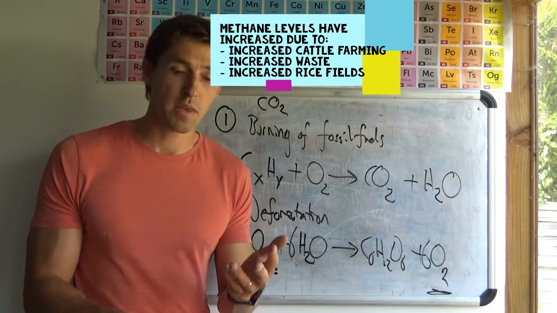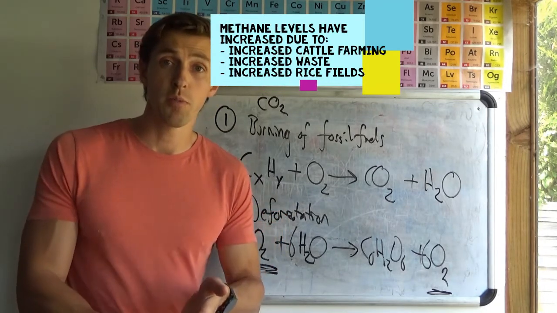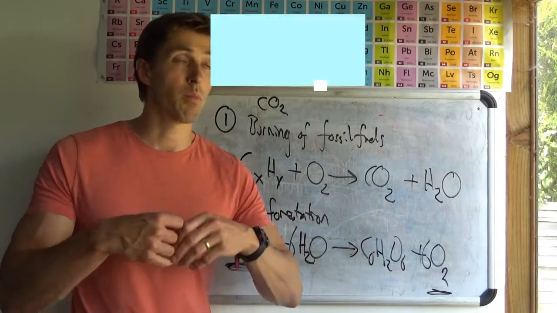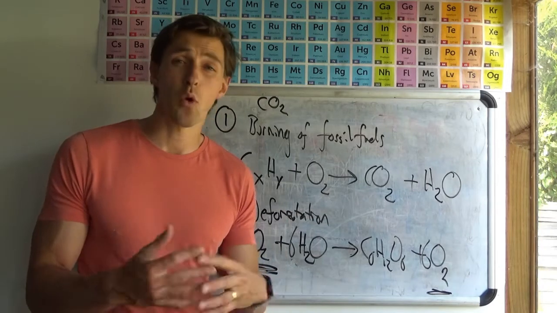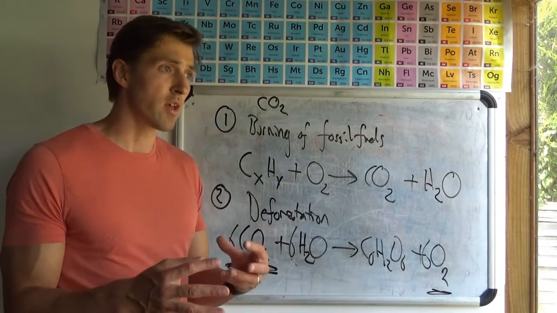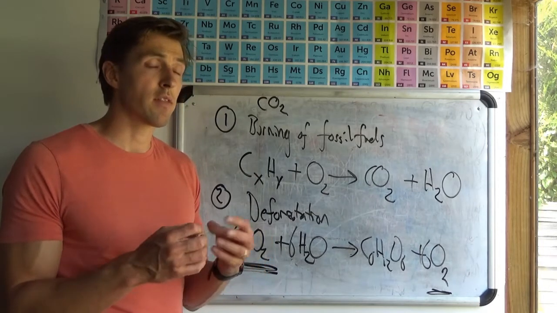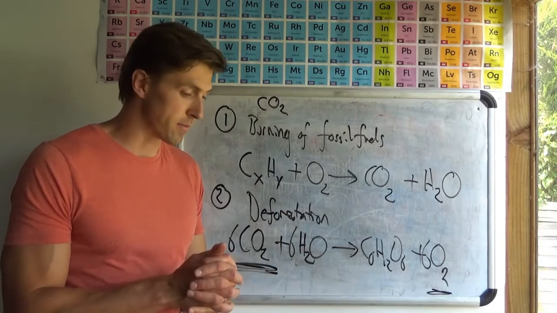So the waste produces methane, cattle produce methane, and rice fields also produce methane, and we need more rice fields as the population grows, we need more food. Naturally, swamps produce methane as well. So those greenhouse gases are increasing due to those human factors.